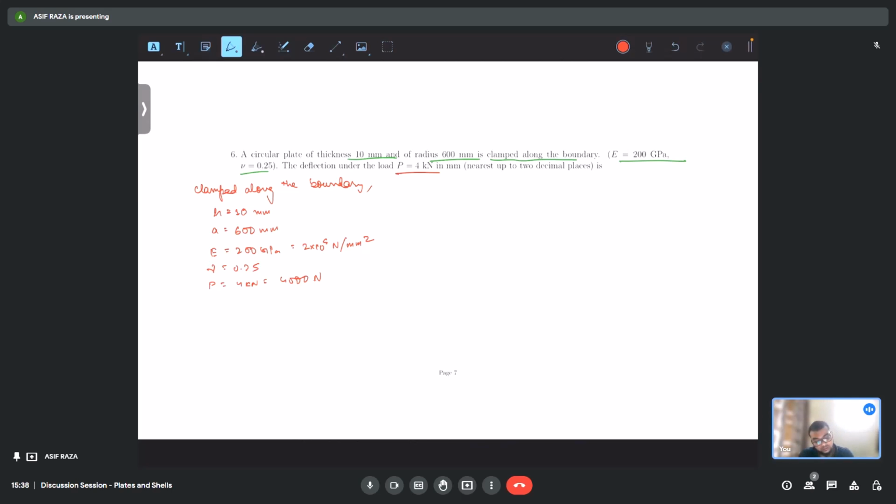If you see in module 4 lecture number 3, w max is given by the relation Pa²/(16πD). Right? So D is what? D = Eh³/(12(1 − ν²)), which is 2 × 10^5 × 10³/(12(1 − 0.25²)).